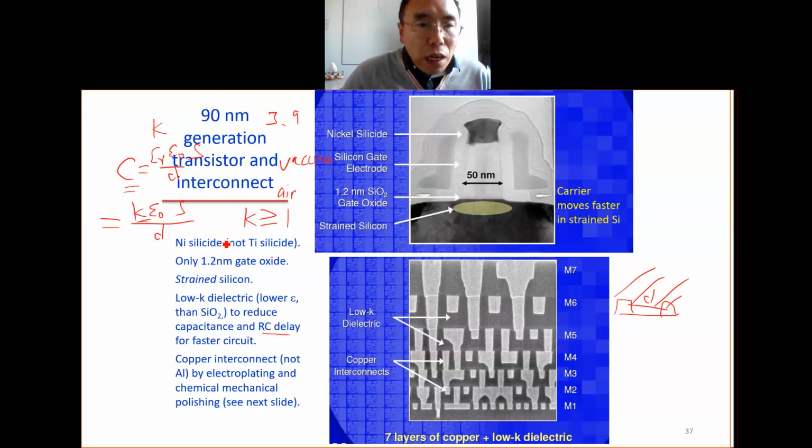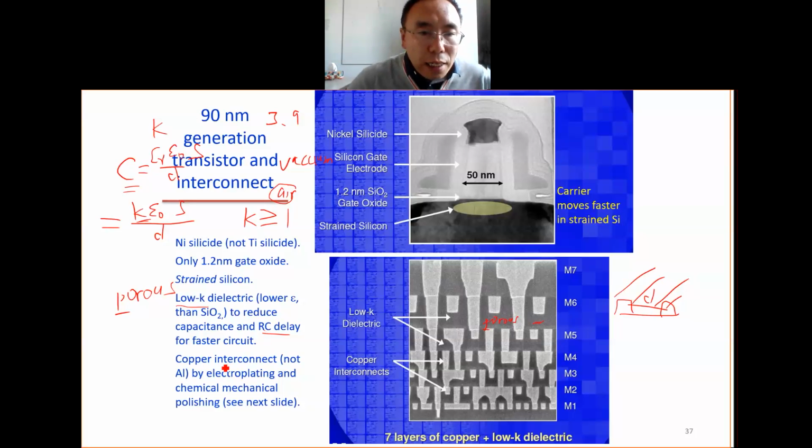So how to make a low K material? Low K material is made porous. When you have a porous material, it is like air, so K is closer to 1. Nowadays, the material here is a porous material.